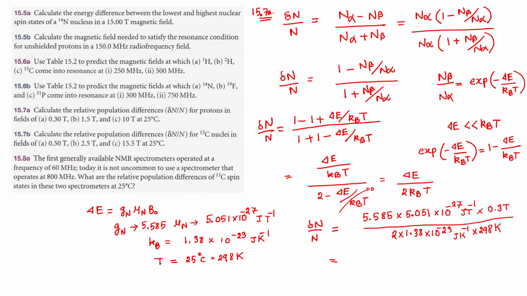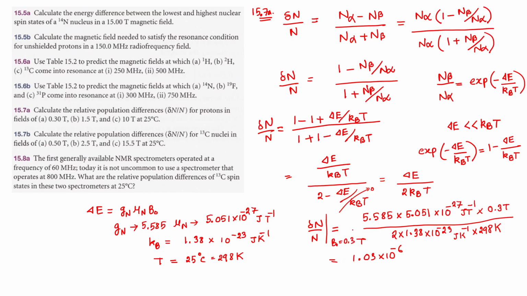So it is coming something as 0.3 Tesla. It is something as 1.03 into 10 to the power minus 6. It is a very small number, right? The population difference delta n by n, obviously it is going to be very small at B0 is 0.3 Tesla.